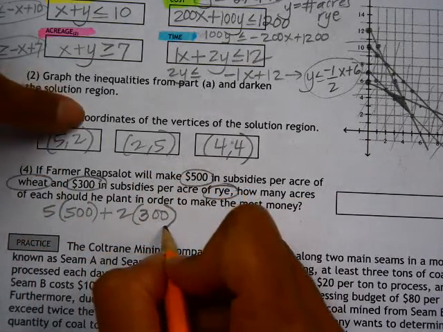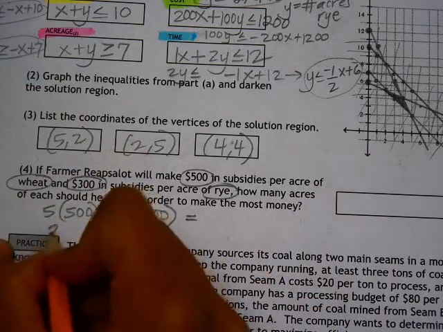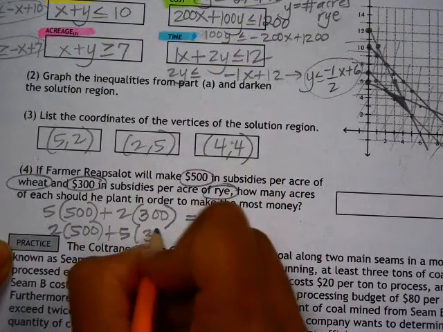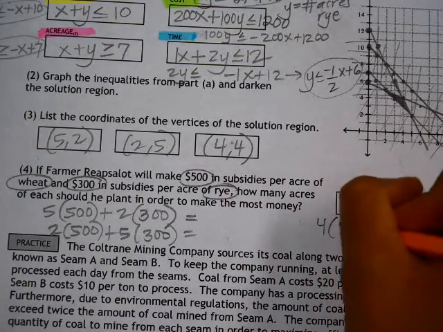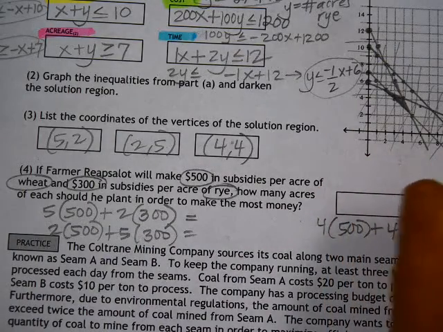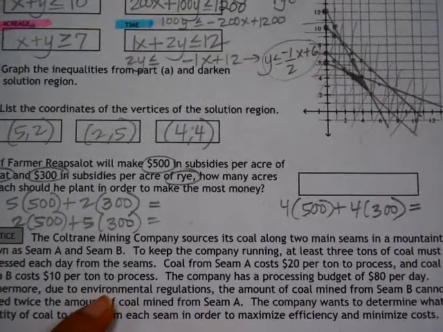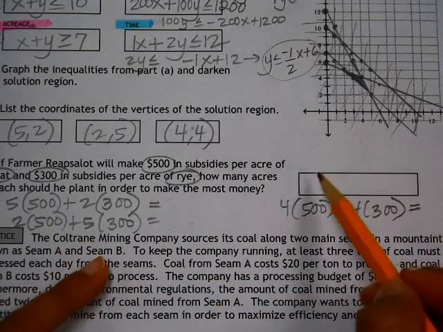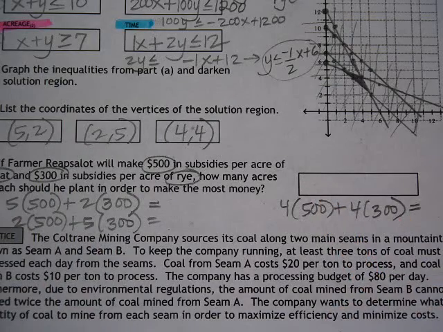And then when we do this one, it would be 2 times 500 plus 5 times 300. And then the last one would be 4 of each, so 4 times 500 plus 4 times 300. I'll let you do that on your own, calculate the total profit for each, and then state which combination would give you the most money.